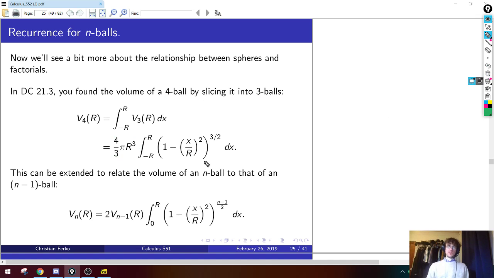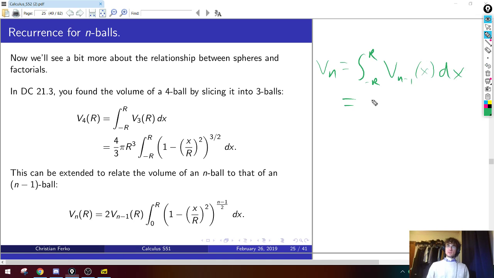So if you happen to know what the n-ball volumes are, or say the (n minus 1)-ball volumes, you can get the n-ball volume by integrating from minus r to r the (n minus 1)-ball volume, say of radius r. Well, I guess this should really be x because we're still integrating over x, dx.